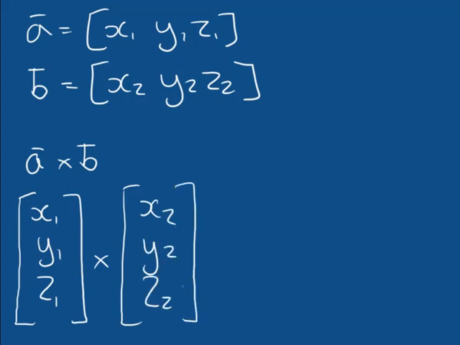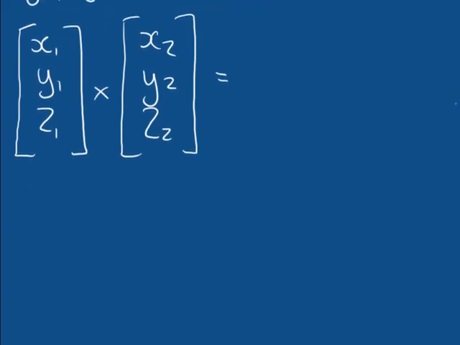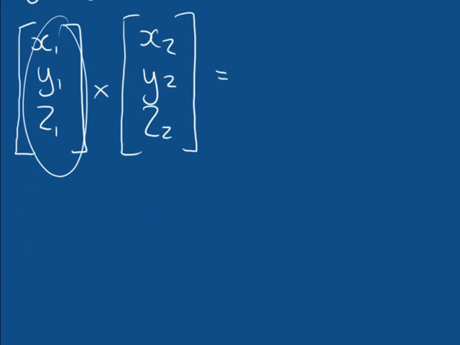So the first thing to do, if you want to use this little visual trick, is to write the vectors that we're crossing as column vectors, one vector crossed with the other vector, left to right.